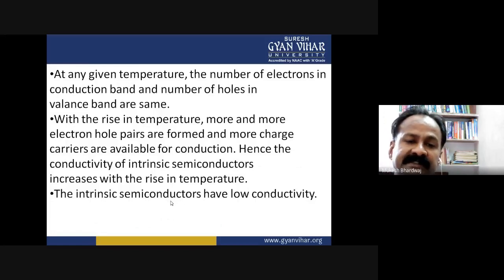The intrinsic semiconductors have low conductivity, because the participation of valence electrons is very few, so the conductivity is very low.